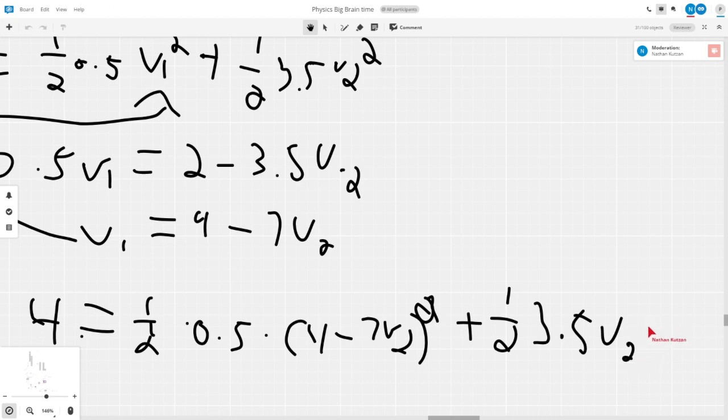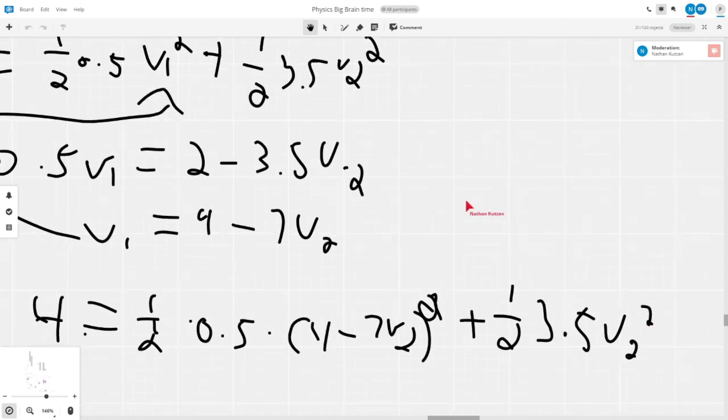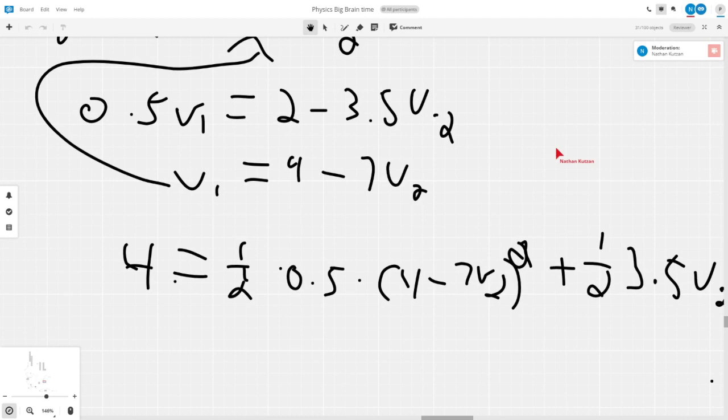And so now we only have one variable in here, right? We know everything else. So we can solve for the velocity of the second object squared, and that should just be algebra.